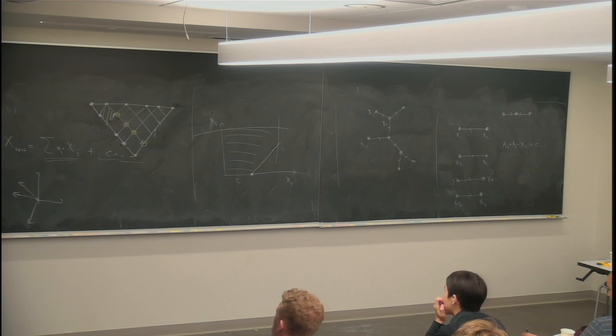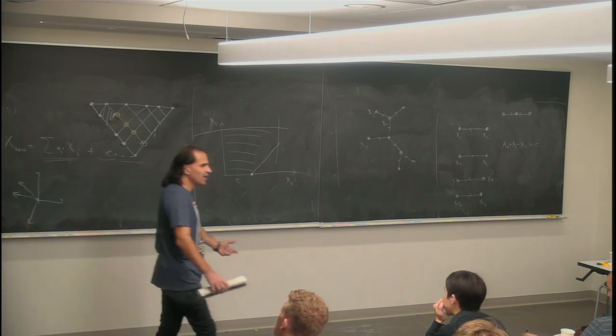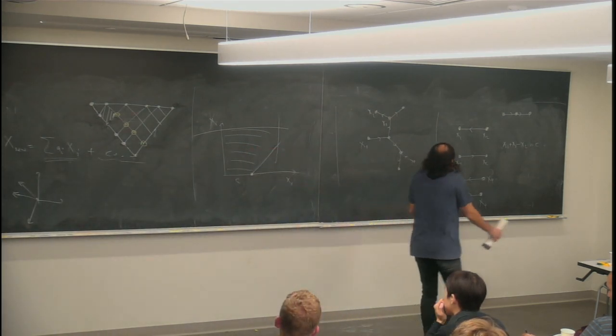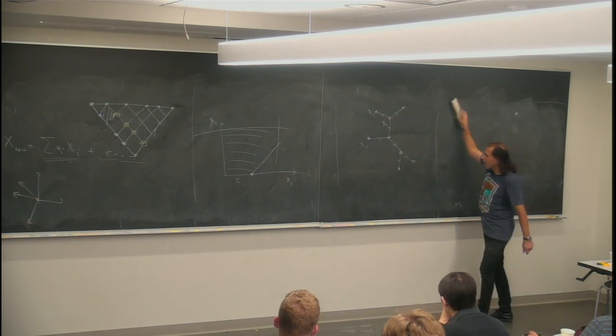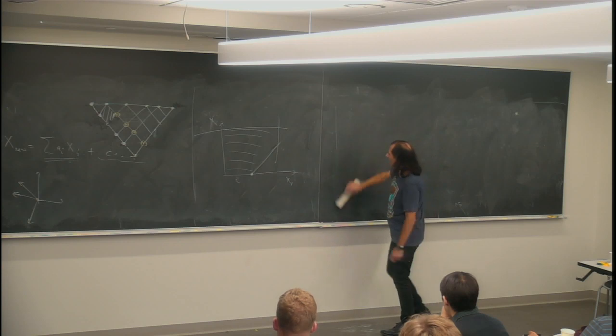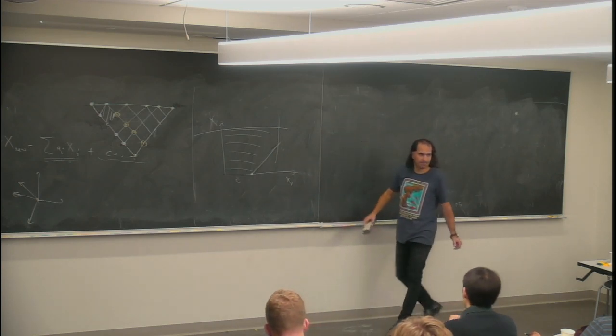Okay, so this gives you an interesting class of objects. You can ask, for which quivers is it true that this process stops, that you get something finite?